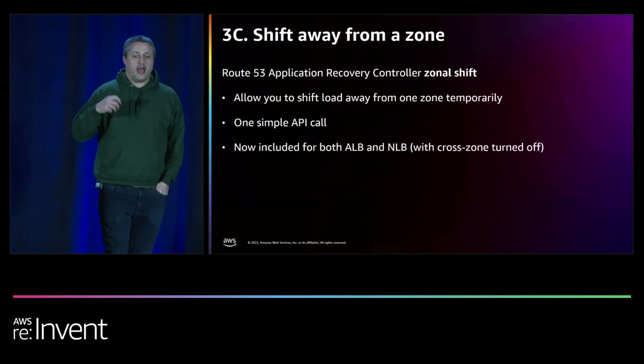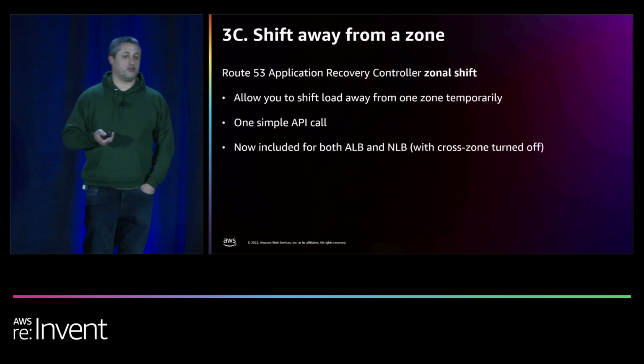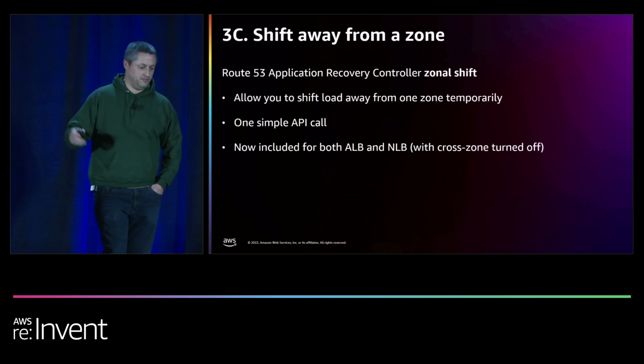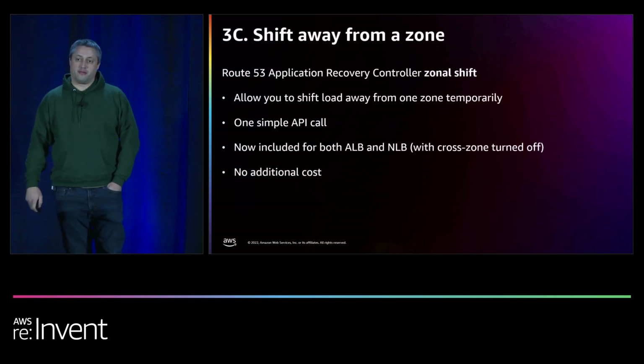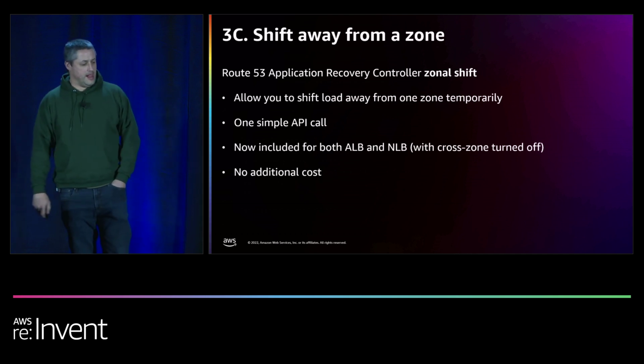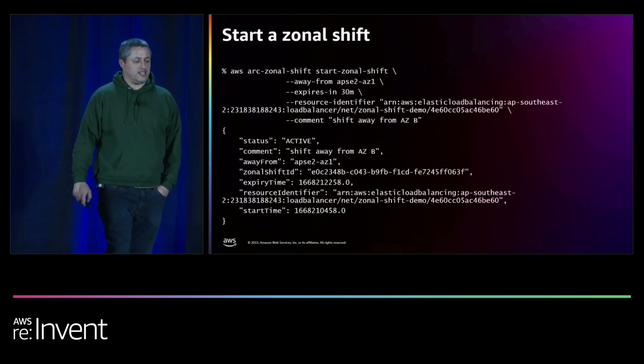And this is included out of the box in every ALB and NLB where cross-zone load balancing is turned off. So you don't have to set anything up, it's already there. And it costs nothing. We don't charge for the existence of the control, we don't charge for making calls to it. So the API call itself, just showing it here using the CLI, we use ARC zonal shift.